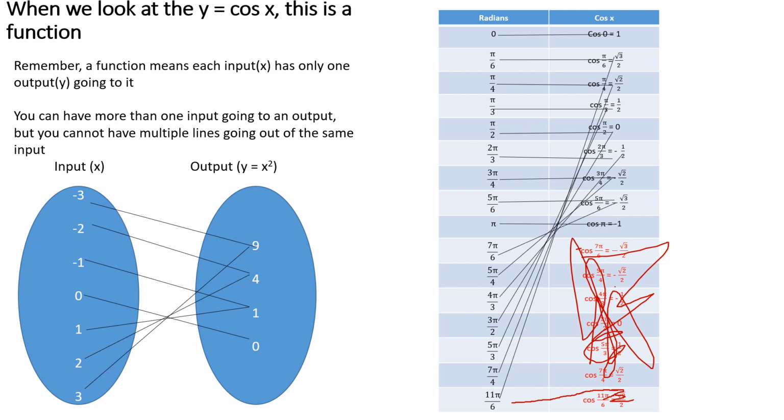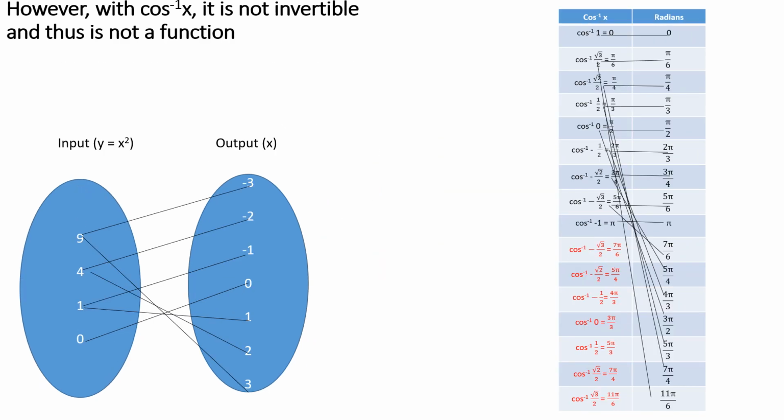And as we saw with a sine wave or cosine wave, it's a function. It only touches once. But remember, every input only had one line going to an output, and the outputs could have multiple lines coming to them. We reversed everything.